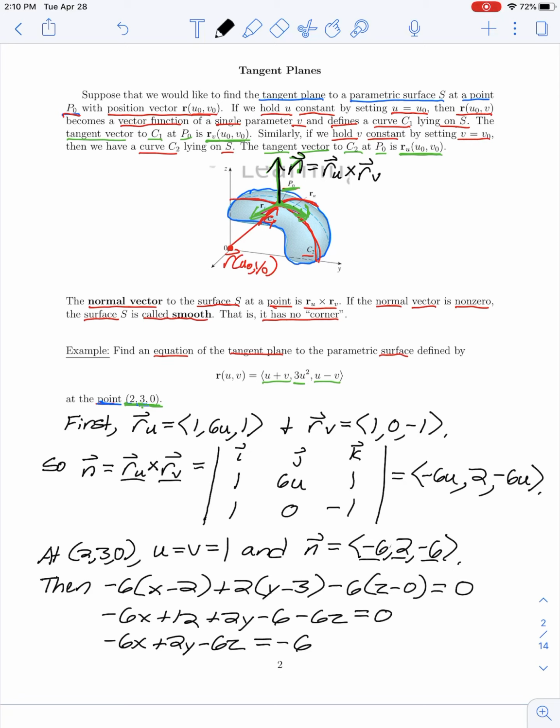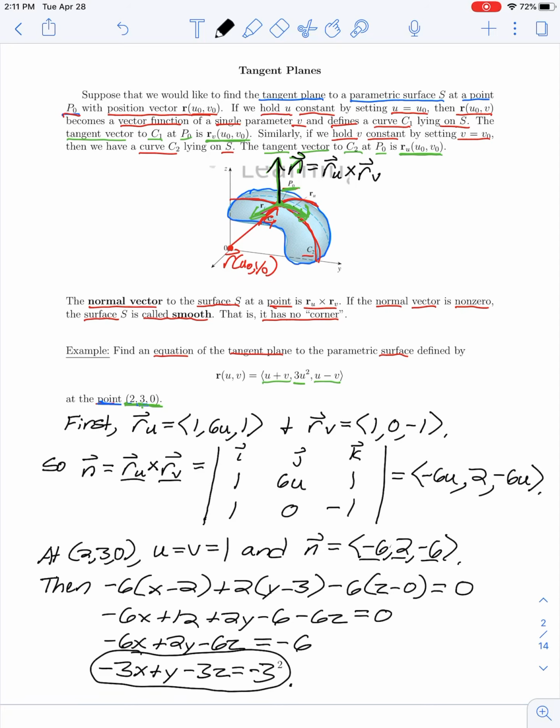And then if we want to simplify a bit further, we could divide everything through by 2. So we would have negative 3x plus y minus 3z is negative 3. So this would be the standard form equation of the tangent plane to this surface at the indicated point.